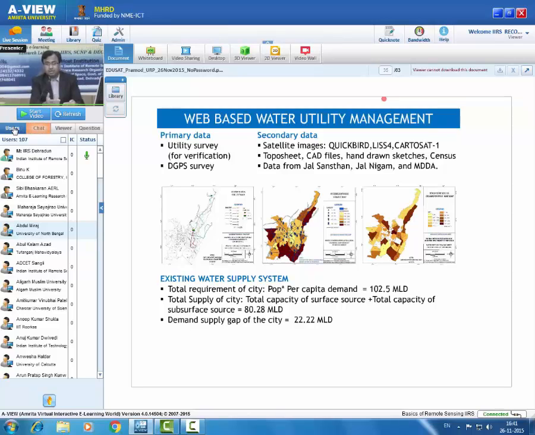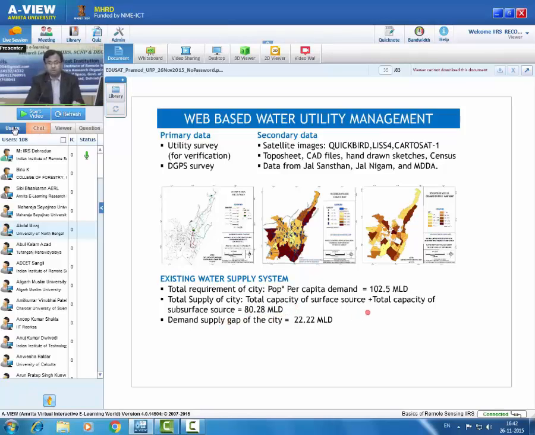Now for that reason, several methods are available, and in recent times geospatial technology can also help us in mapping the water distribution facility, and also the head gradient being created, and whether this head or gradient created is able to supply the water to the beneficiary who is located at the tail end. This is one example of what we have tried when we assessed a particular city.